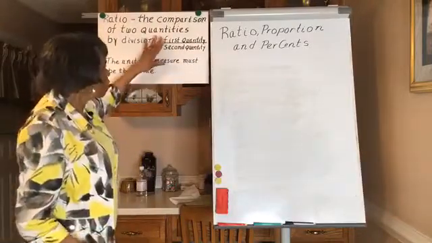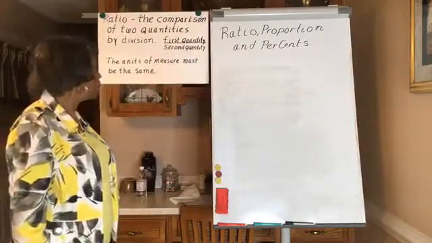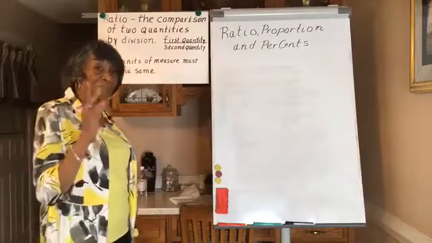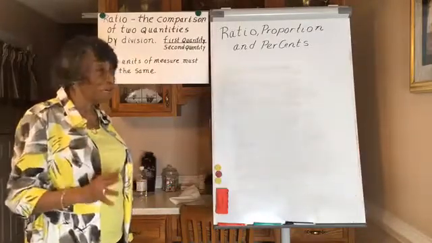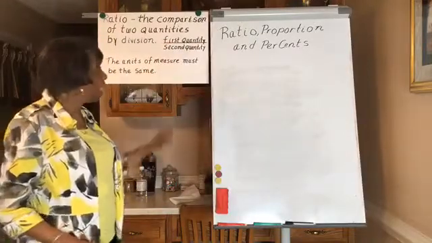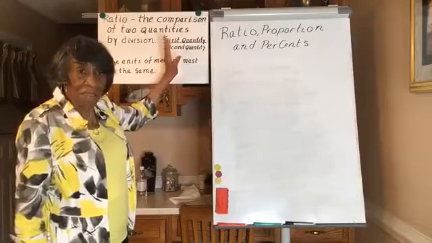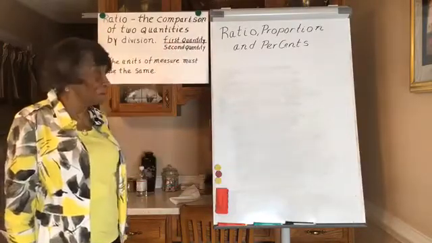So I could really say the first quantity divided by the second quantity. When I say first quantity, the first quantity mentioned divided by the second quantity. And what we do, we set it up as a fraction and we simplify it in some cases, in some cases we don't.